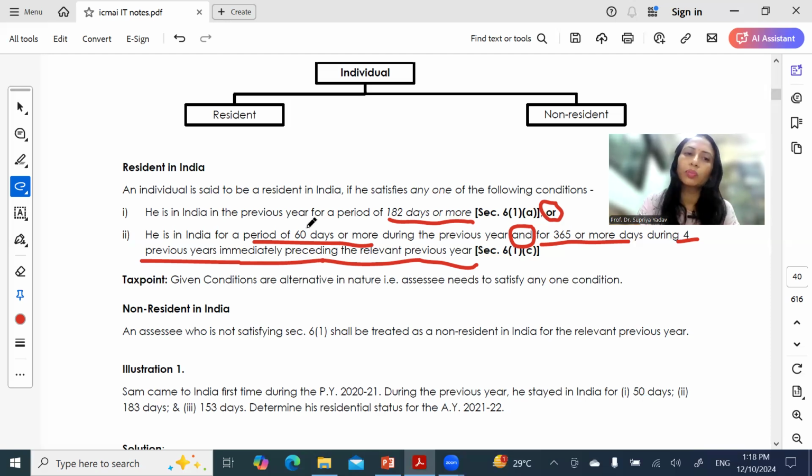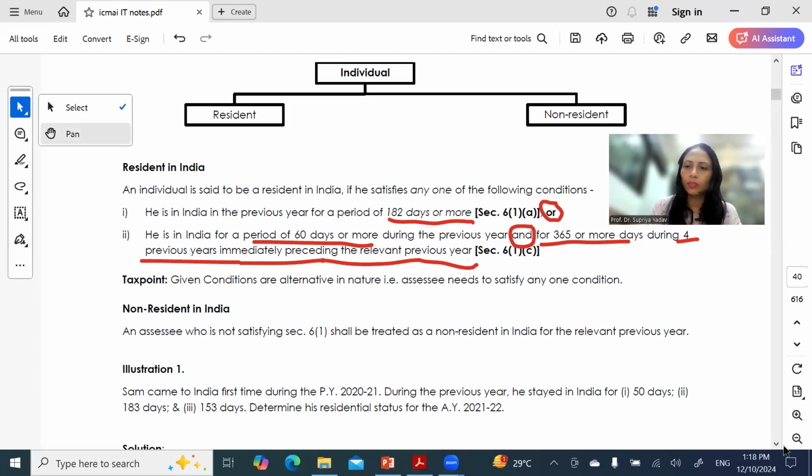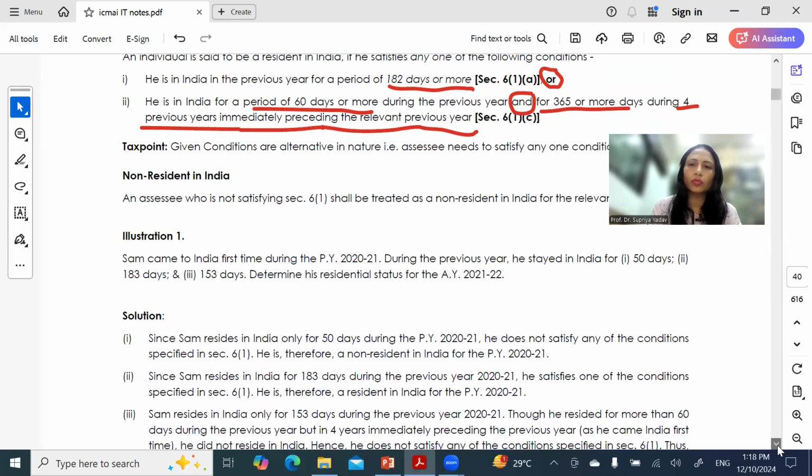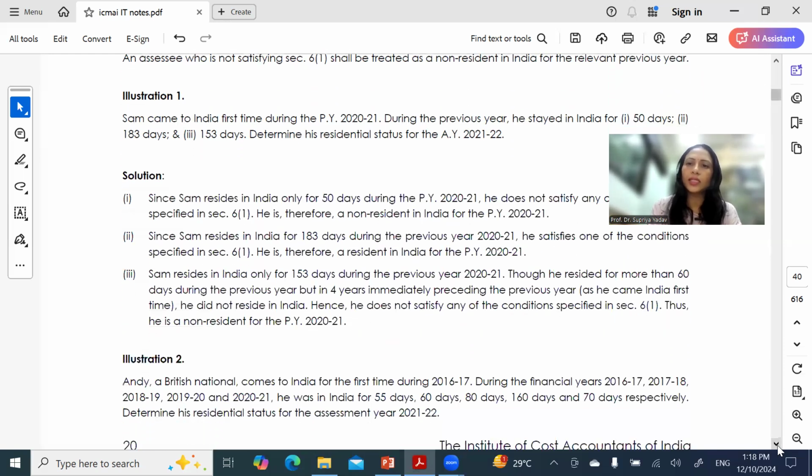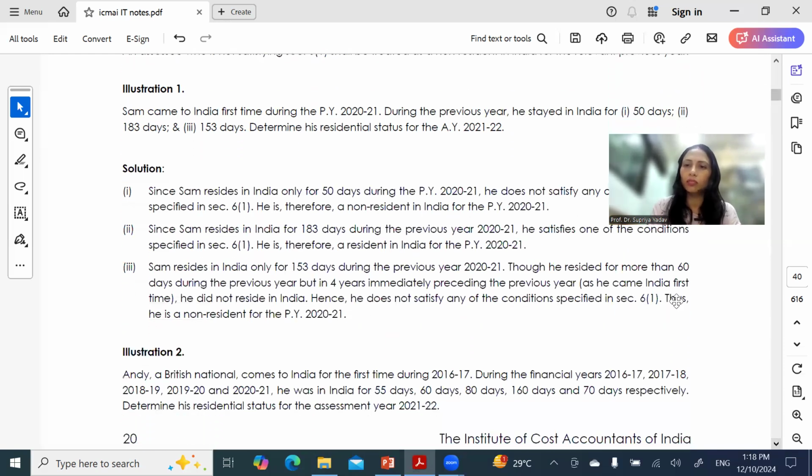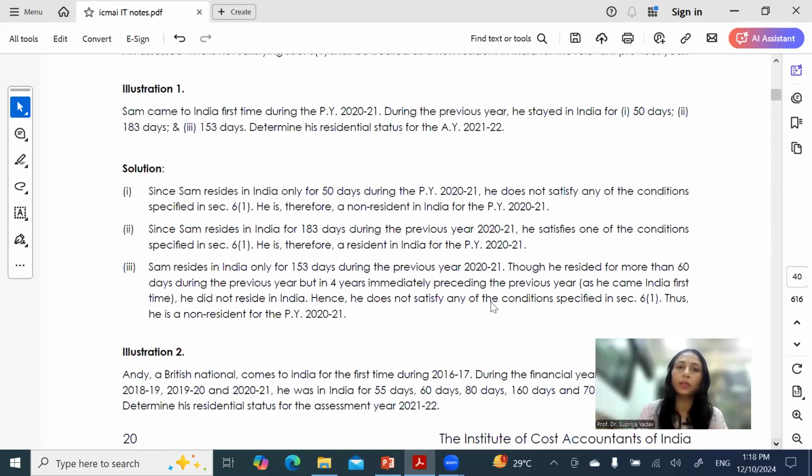Then also he becomes a resident of India. If these two conditions are not satisfied, he becomes a non-resident of India. In this way we decide the residential status of an individual and HUF. Let's see an example so you will understand deeply.